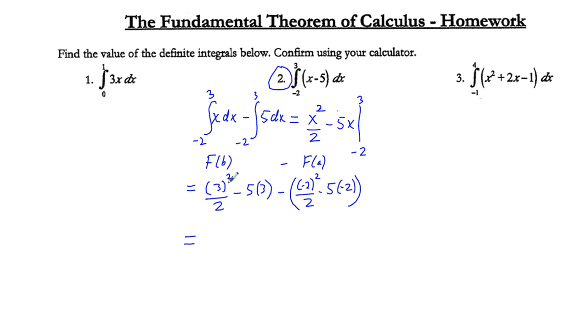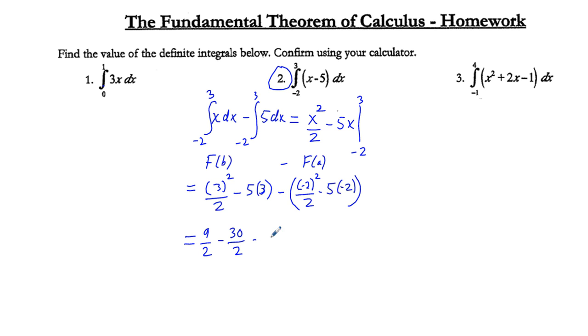Okay, we have 3 squared is 9, so we have 9 halves. And we have minus 15, which is 30 halves. And why did I change this into halves? Because of the denominator here of a half.